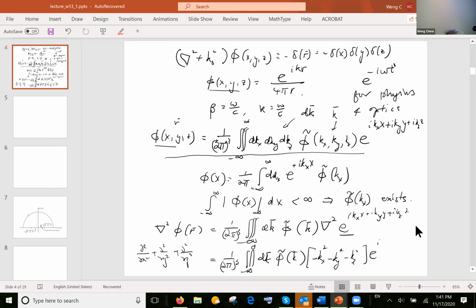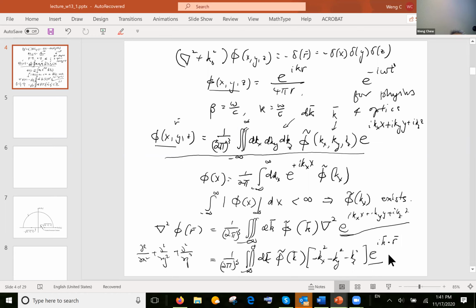Let me use a shorthand notation for this. Can you see that I can write this in terms of this? Is this okay with everybody? Yes, good. This is a shorthand notation, and I can write things more concisely and compactly using it.